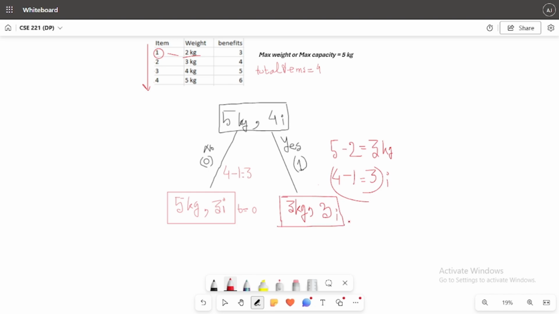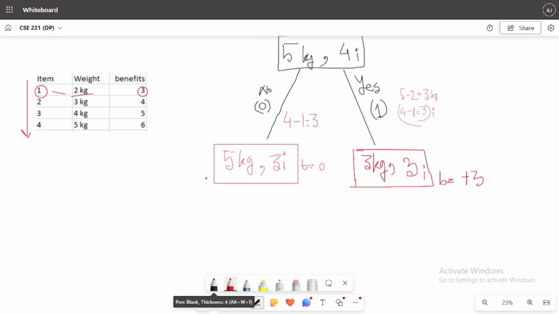Now what is our benefits? Our benefits is 3. You can see here our benefits is 3, so benefits is equal to plus 3. Okay, so there will be 2 children of this root, right?